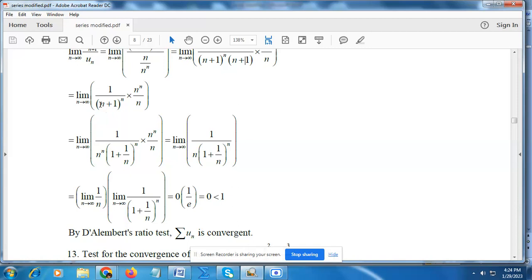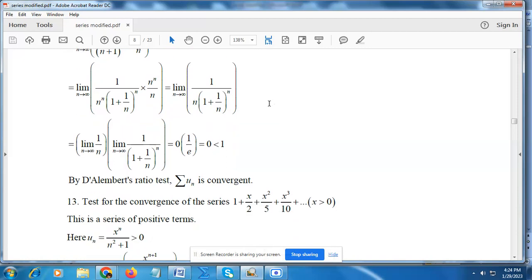So simply take n common in this bracket: n power n into 1 plus 1 by n whole power n. And now n power n gets cancelled. We have 1 by n into 1 plus 1 by n whole power n.